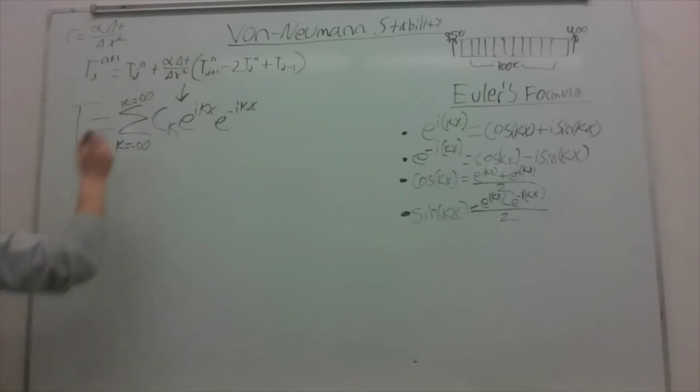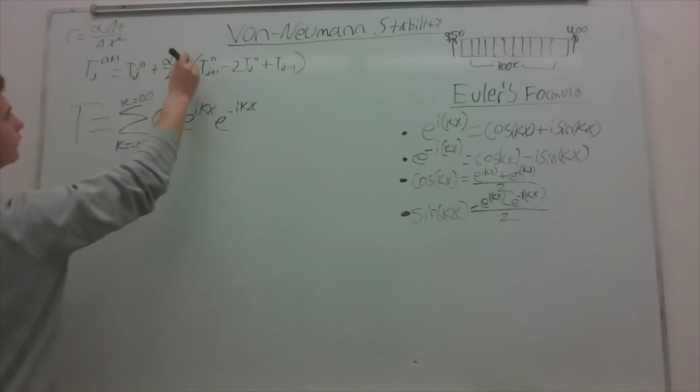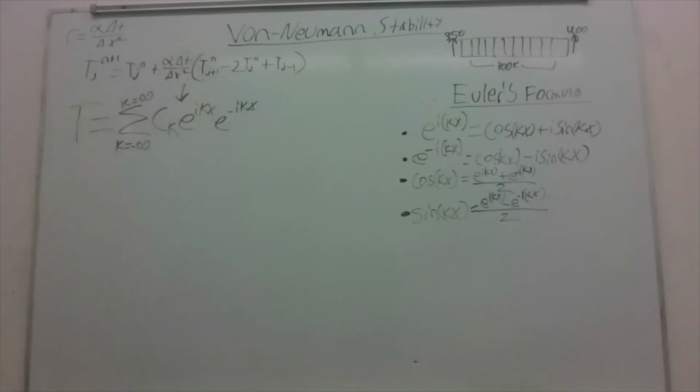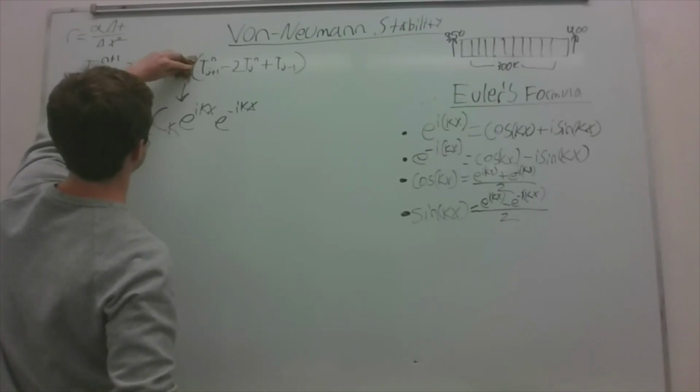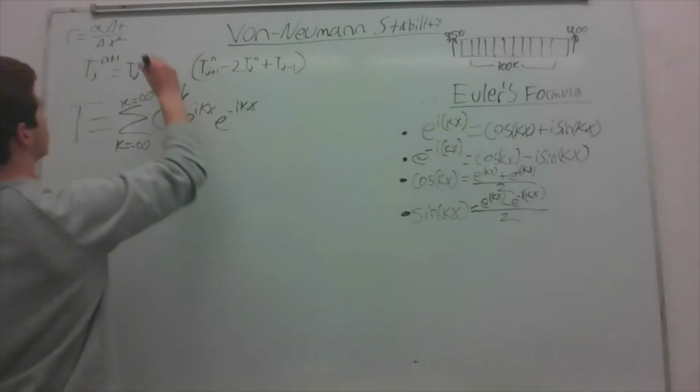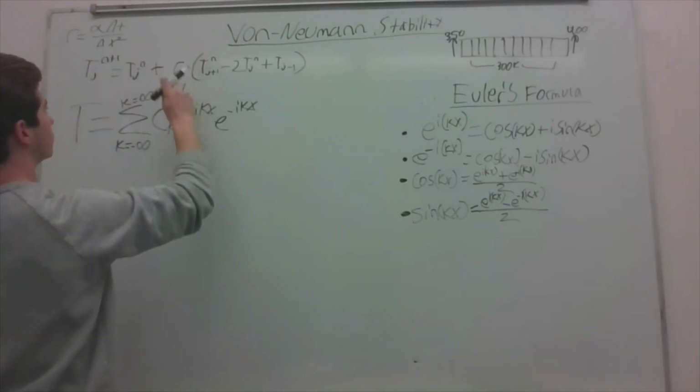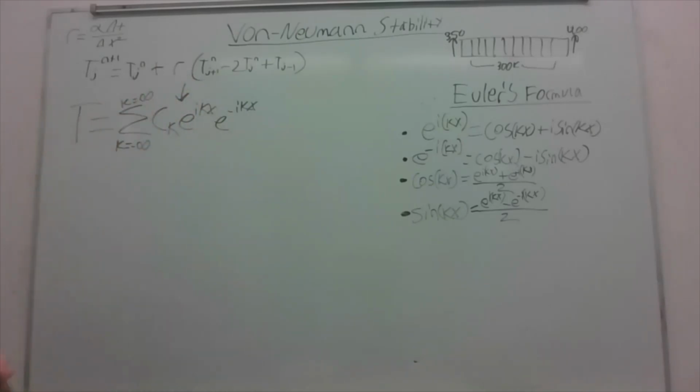Okay, this is R. So we're going to replace this value again with R. So let me do that, please. Okay, that's a bit cleaner. Now we can play with this. What is this going to simplify to? Let's take out the constant. Let's take out the summation.